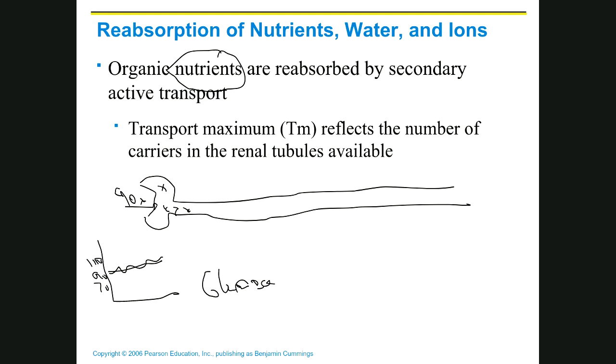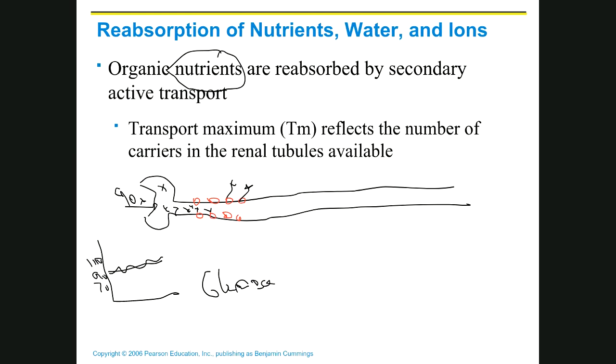Well, as they move through here, there are little carriers all along the walls here that absorb glucose. So here they are. And as the glucose goes by, they grab it and reabsorb it. It's by active transport.